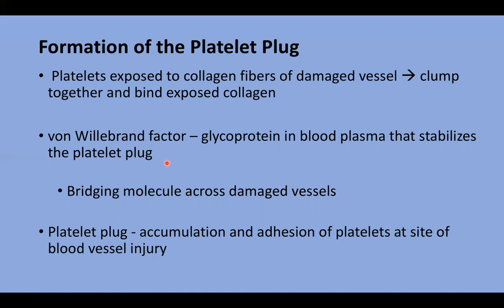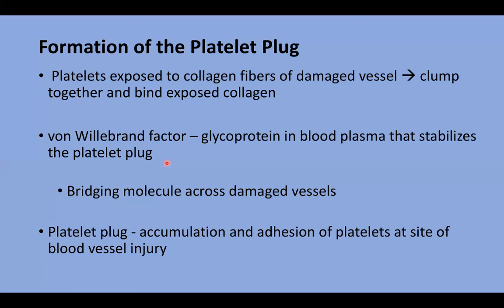Now, when a vessel is damaged, what happens is that the underlying collagen fibers, or the protein fibers that lay underneath the smooth endothelial lining, become exposed to the interior of the vessel. And the collagen fibers are very prickly, they stick out kind of like the bristles of a brush.